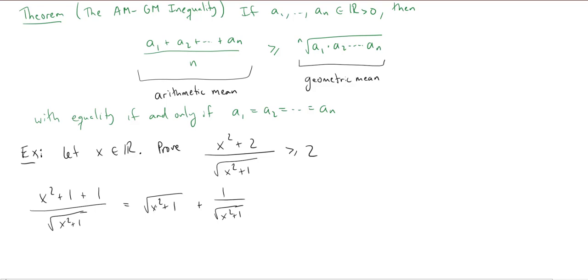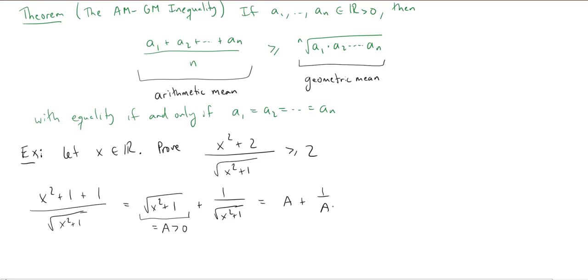All right, x squared plus 1 is definitely positive. Take the square root, that's always positive. So just to keep my cognitive load down, let me give a name to this expression. Let me just call this a. If I do that, then I have a plus 1 over a. Now, a, again, is a positive number. So I now have two positive numbers.